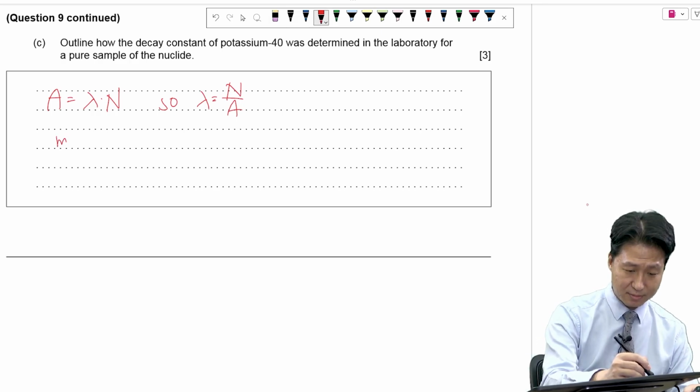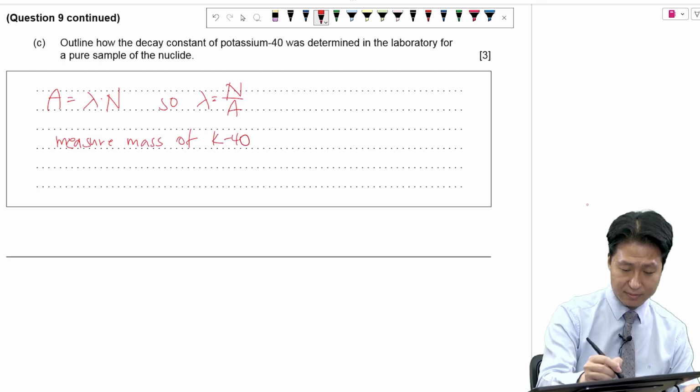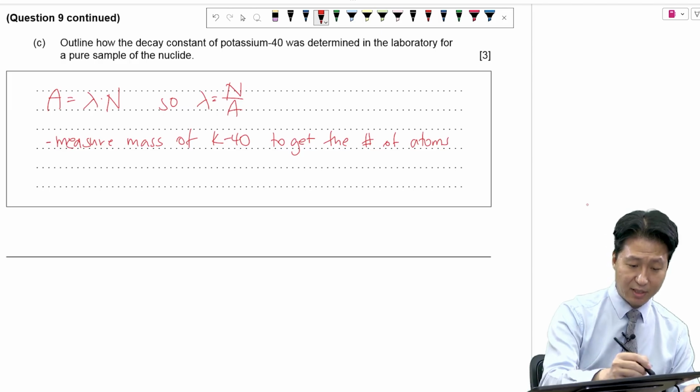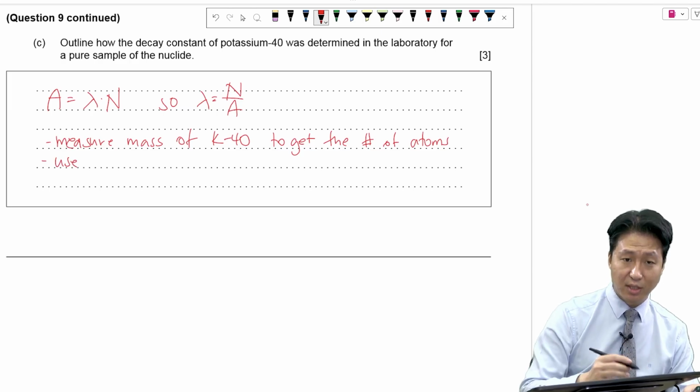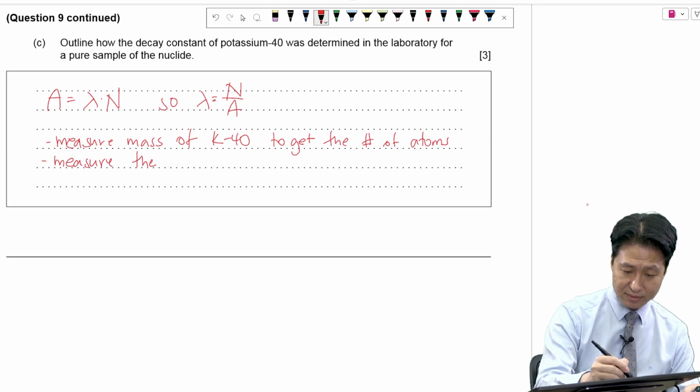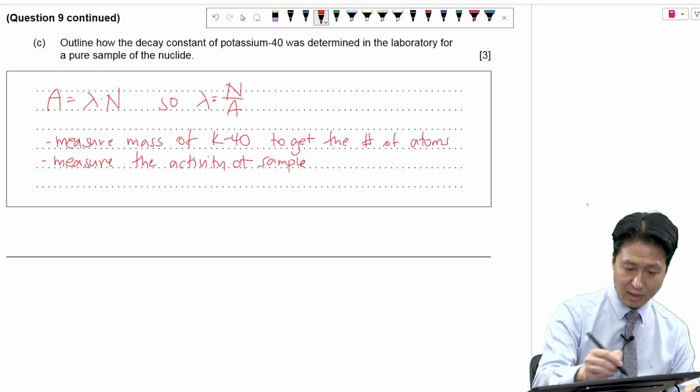So you measure the mass of potassium-40 to get the number of atoms or nuclides, and then just measure the activity of the sample. And then use this equation.